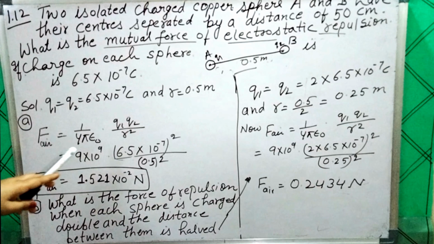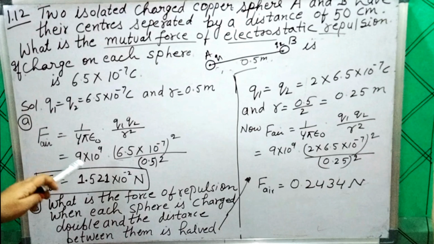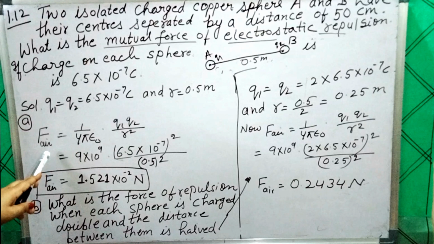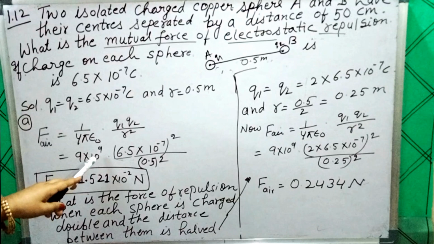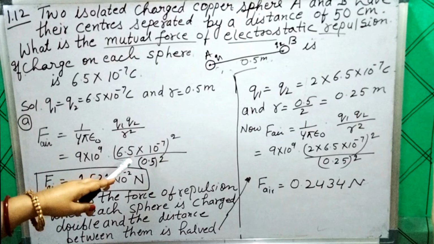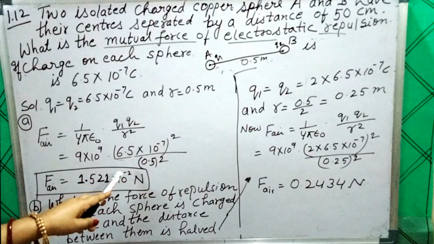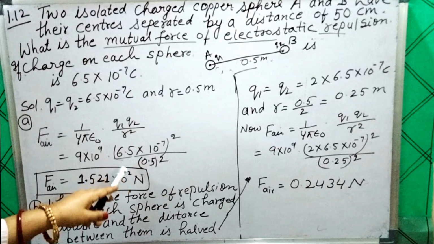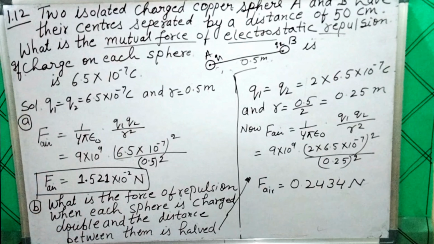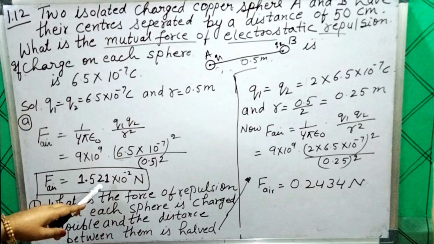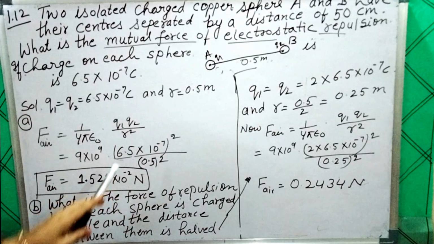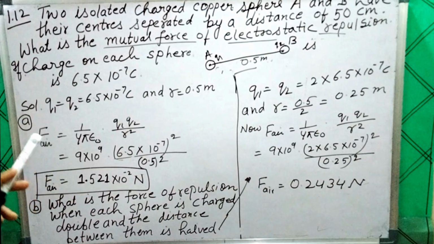So from Coulomb's law of force, just putting the values, F is equal to 9 into 10 to the power 9, 6.5 into 10 to the power minus 7 whole square divided by 0.5 whole square. And after simple calculation, we are getting F is equal to 1.521 into 10 to the power minus 2 Newton. So this is the force between the two copper spheres.